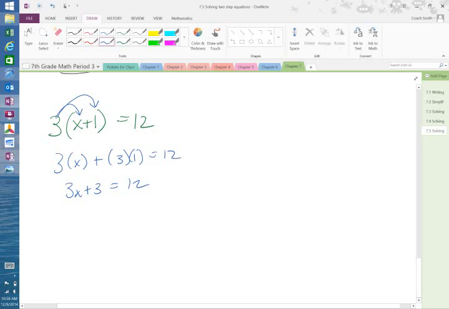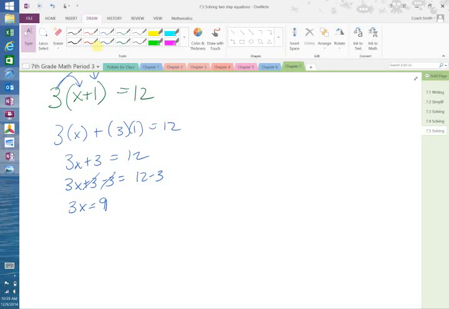So now I solve it from that point. 3x plus 3 minus 3 equals 12 minus 3. These 2 cancel, leaving me at 3x is equal to 9. Then to solve that, we divide by 3 to both sides. That gives me x is equal to 3.